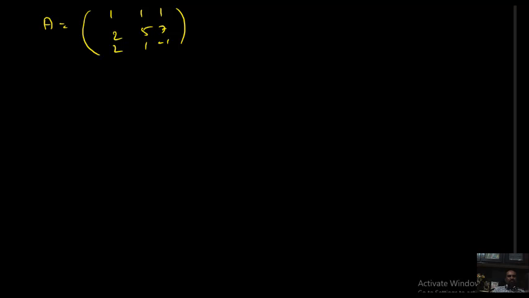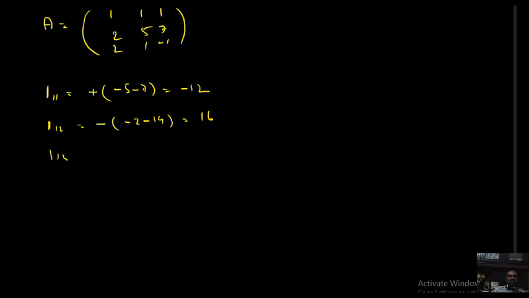Okay, first cofactor 1 1 directly I want, right? That is plus into minus 5 minus 7, that is equal to minus 12. Cofactor 1 2, that is minus half. So minus 2 minus 14, that is equal to plus 16.